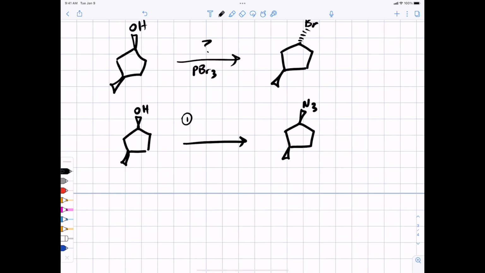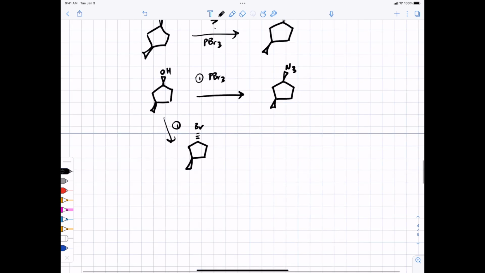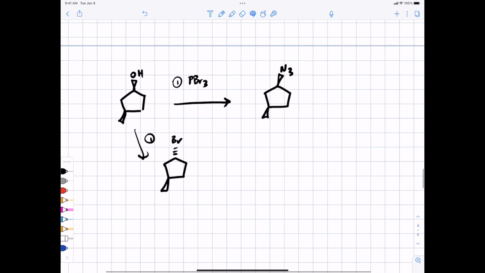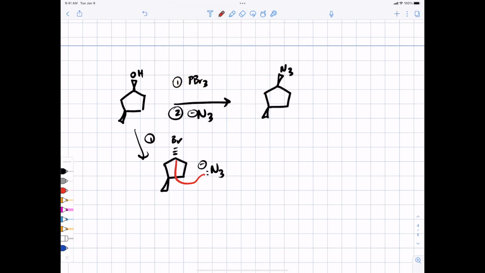Okay, so you want to first use something to do one inversion. So the intermediate after step one would be the thing we drew above, right? Then what? Thank you. N3 is called azide. Yeah. N3 minus as a nucleophile doing an SN2 type reaction. Good.